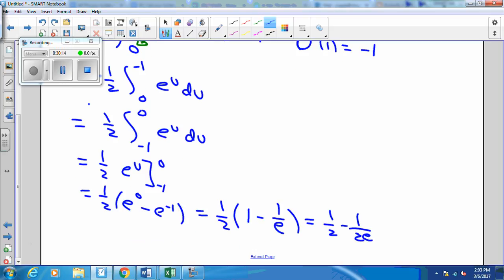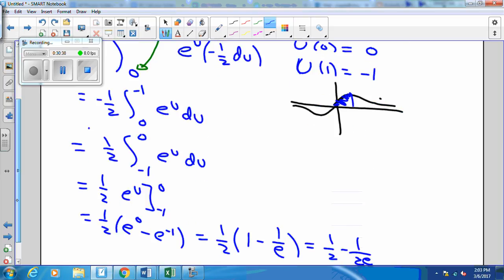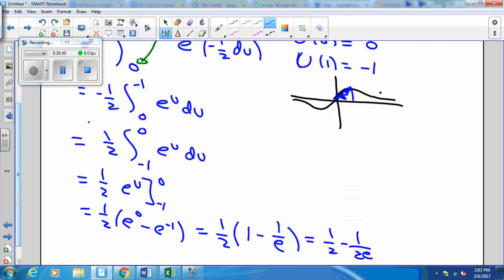Well, now again, if we consider what we did here, the original integrand refers to a function that looks something like this, like so, and I'm integrating from 0 to 1, so I should get a positive value right there, and that value is 1/2 minus 1/(2e).